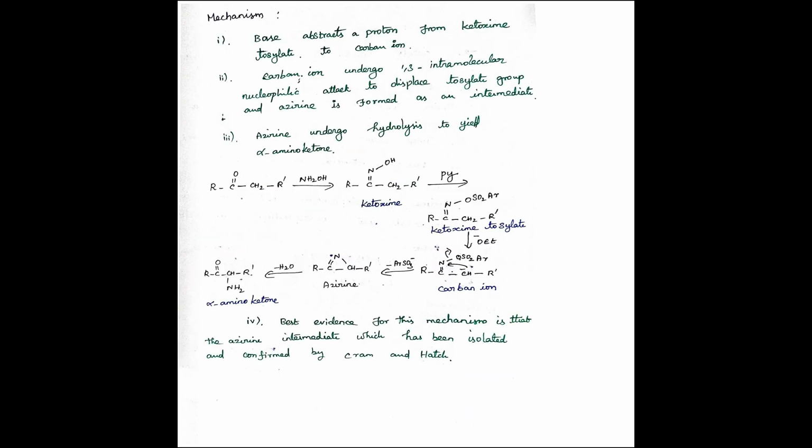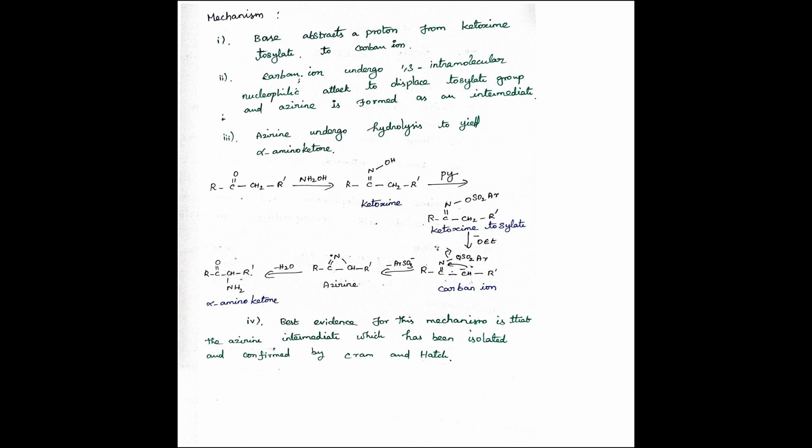Coming to the mechanism, we take our keto compound. It reacts with hydroxylamine and gives ketoxime. The ketoxime reacts with tosyl group in the presence of base. We are using pyridine. It gives ketoxime tosylate. That ketoxime tosylate abstracts a proton and gives a carbanion. The carbanion is an intermediate.